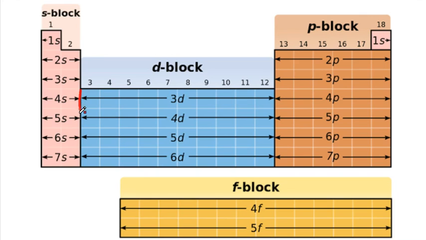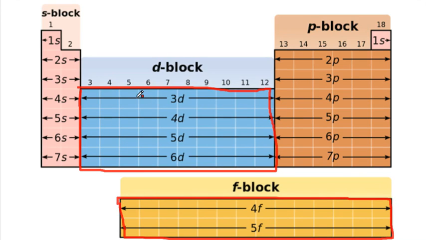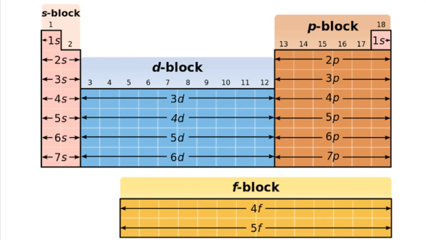The thing that's different, the thing I'm calling your attention to, is with the D block, and really the F block too, but we're going to talk just about the D block. Notice that the energy level, in this case, this first row of the D block is labeled 3D.